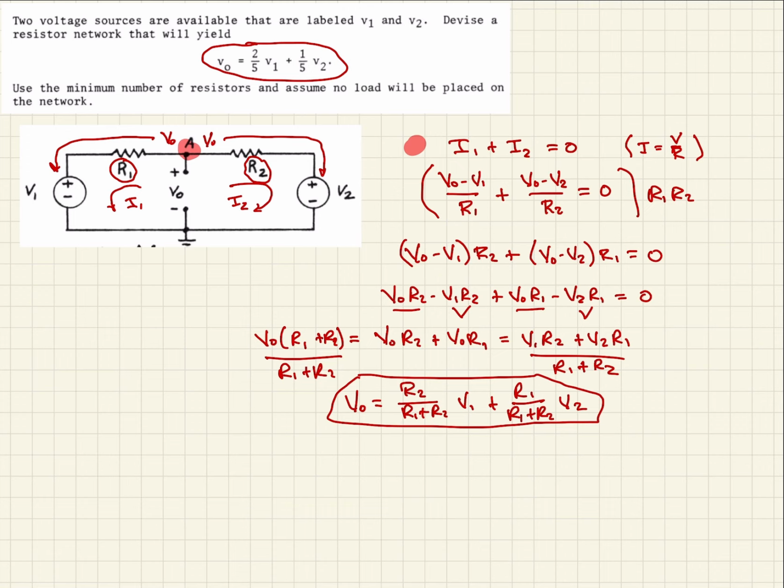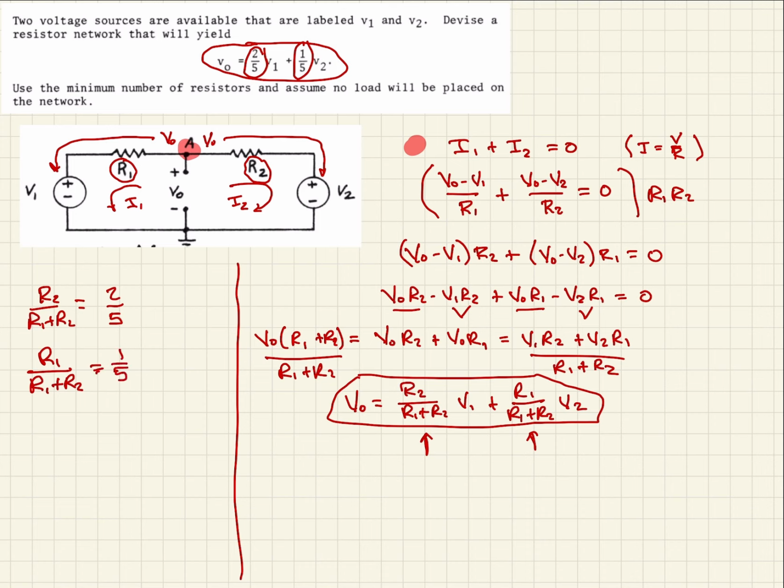Now we should recognize that this equation is in the same format as the one given. So we need to set the V1 coefficient equal to 2/5 and the V2 coefficient to 1/5. So R2 over R1 plus R2 is equal to 2/5, and R1 over R1 plus R2 is equal to 1/5.